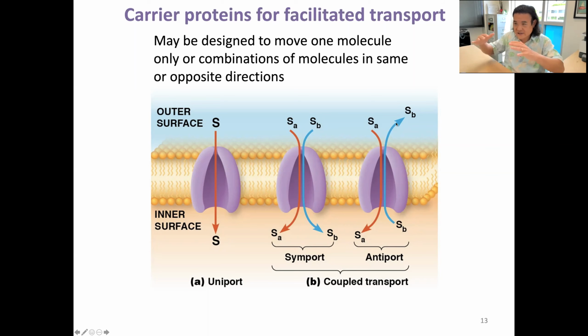And that causes the transporter to move in the other direction, and it ends up kicking solute B out, right? Again, the red and blue arrows are just driven by the different concentrations of these solutes, right? But it all has to do with this protein being the right shape in order to bind things, change its shape, and cause things to happen.